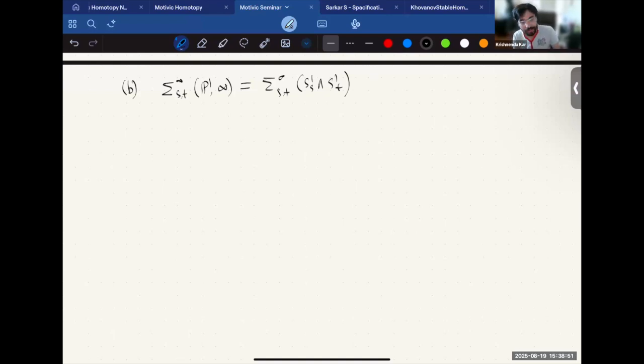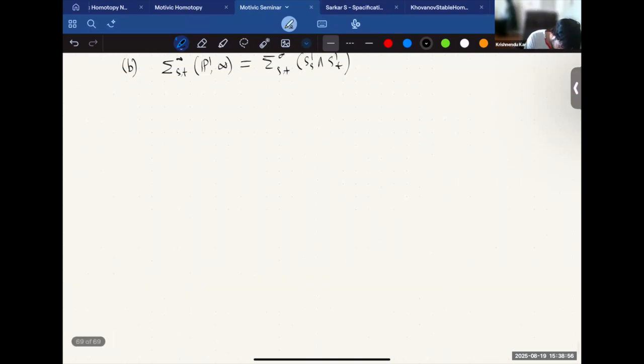How to do this? For this, we will use the Mayer-Vietoris sequence in this case. So note that this P1 is nothing but your union of two affine lines. Let me write down the push out square. A1.